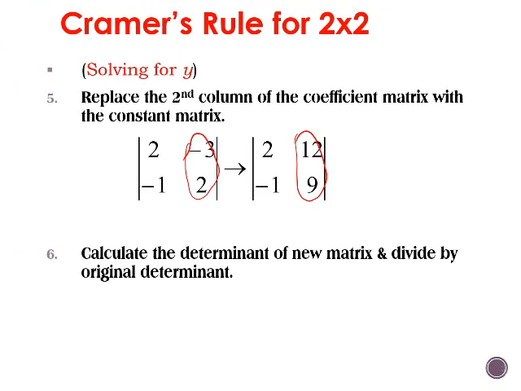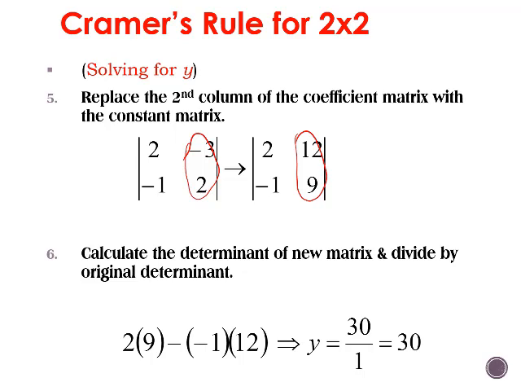We then calculate the determinant of this new matrix, 2, 12, -1, 9, and divide by the original determinant, which is 1. That is 9 times 2 minus negative 1 times 12, which should give us 30. And 30 divided by the original determinant, which is 1, gives us y to be 30.